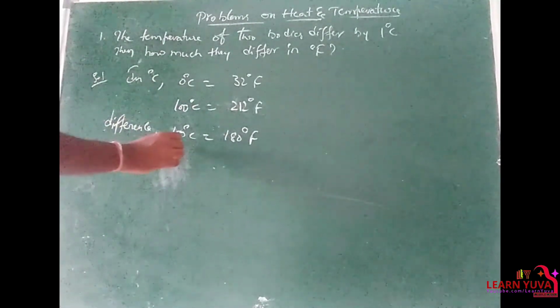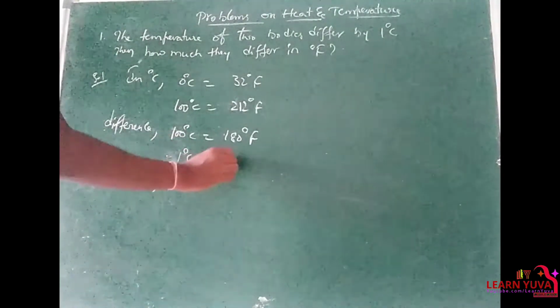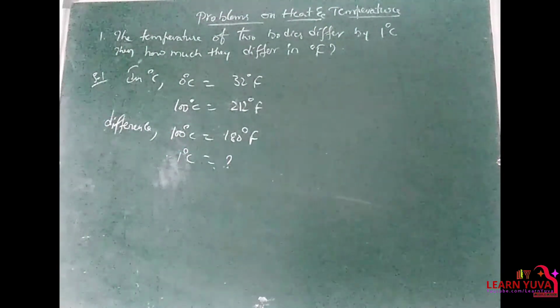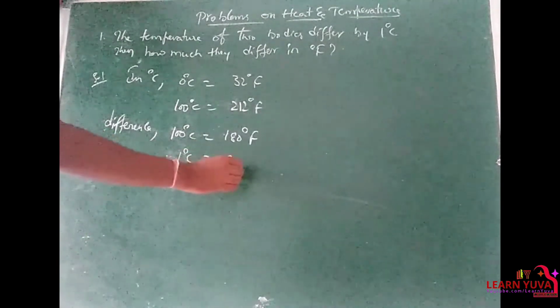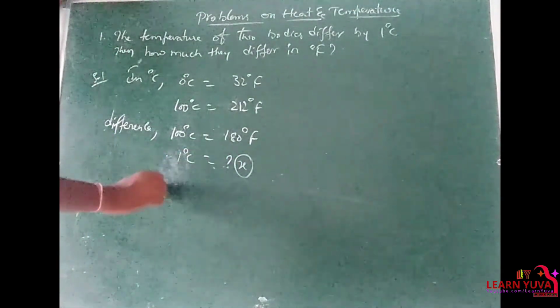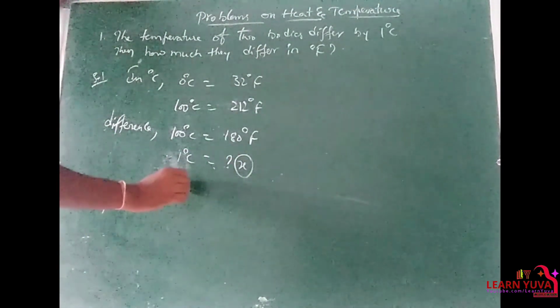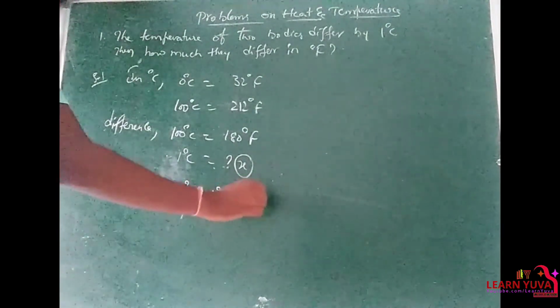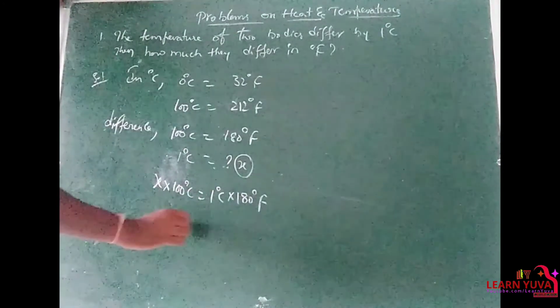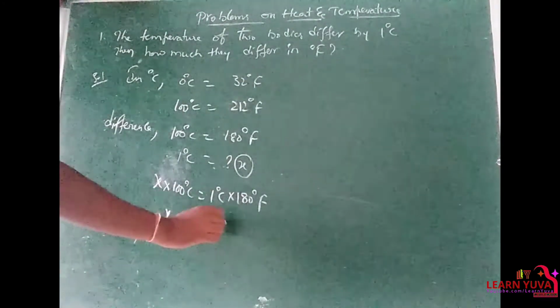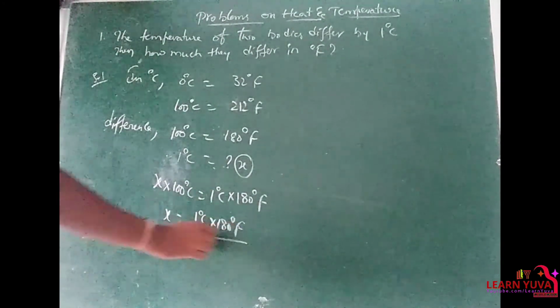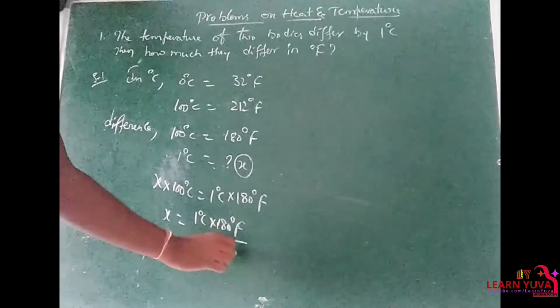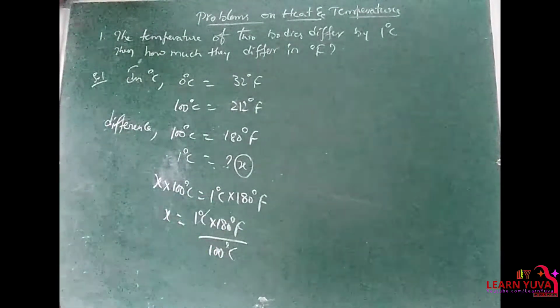So 1 degree Celsius is equal to how much in degrees Fahrenheit? We have to find that out. Let's say it is x. Cross multiplication: x into 100 degrees Celsius is equal to 1 degree Celsius into 180 degrees Fahrenheit. So x is equal to 1 degree Celsius into 180 degrees Fahrenheit by 100 degrees Celsius. The degree C cancels.